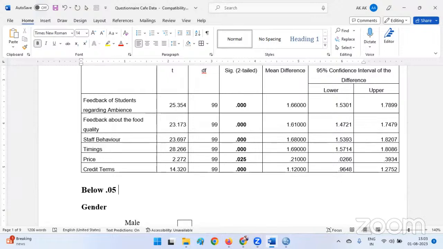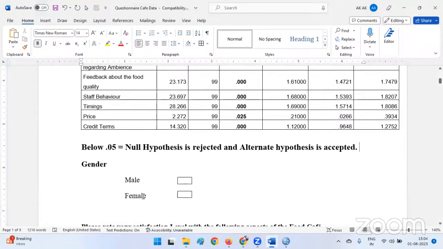Below 0.05 means the null hypothesis is rejected and the alternate hypothesis is accepted.